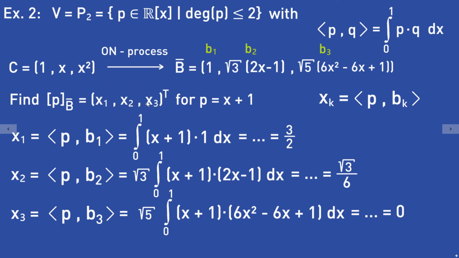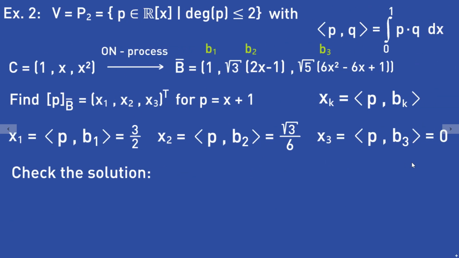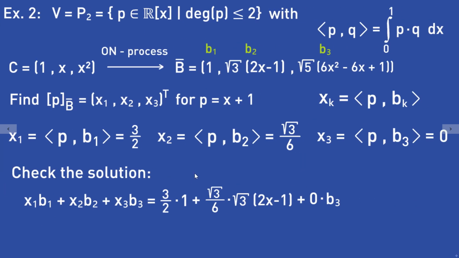We can check directly if our solution is true. So x1 times b1 plus x2 times b2 plus x3 times b3 is equal to 3/2 times 1.